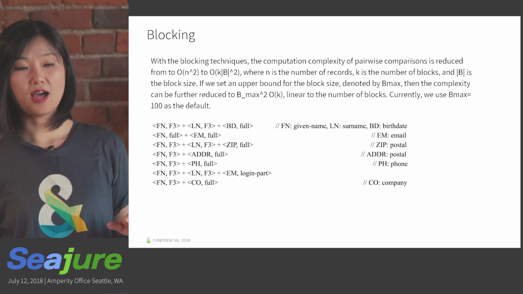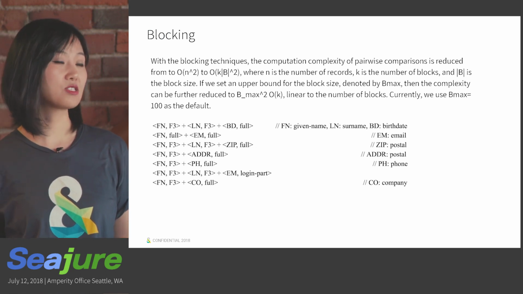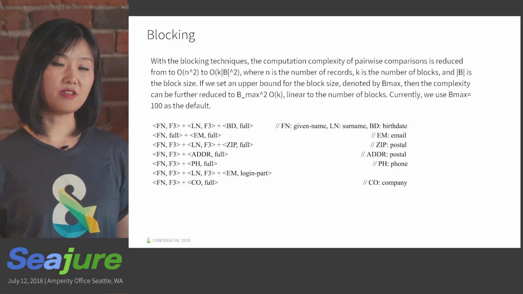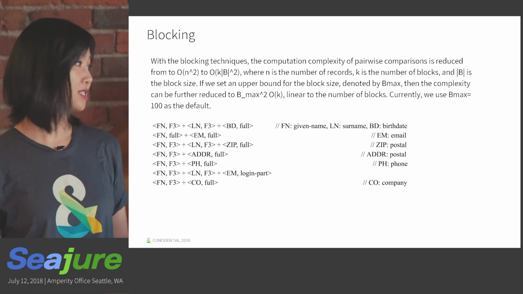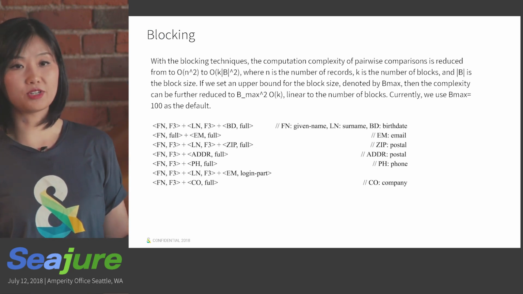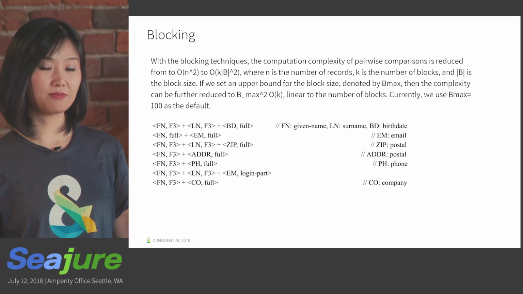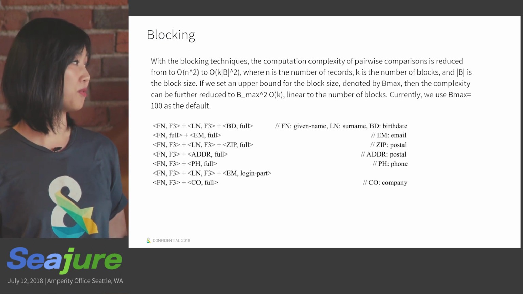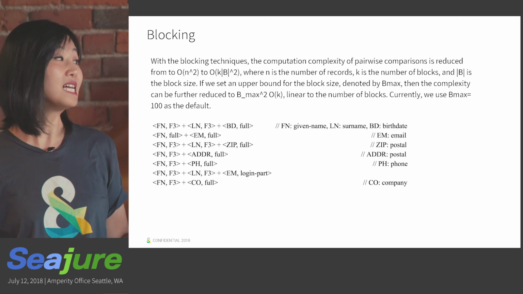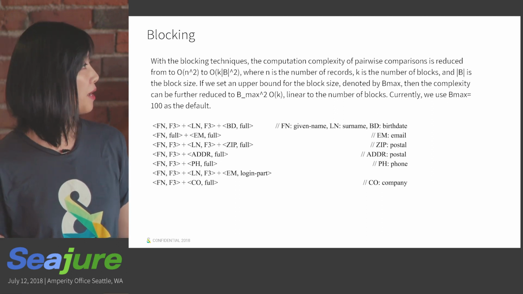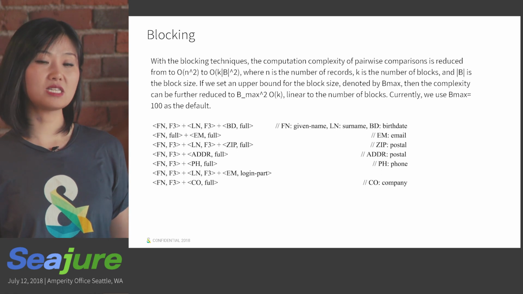And blocking, essentially, instead of comparing all the records in the whole database with all other records, is grouping the data into small blocks by their shared properties. For example, a shared phone number or shared postal code. You can also construct some keys, for example, part of the given name, part of the surname, and part of the birthday. So only the records inside the block are compared to each other.